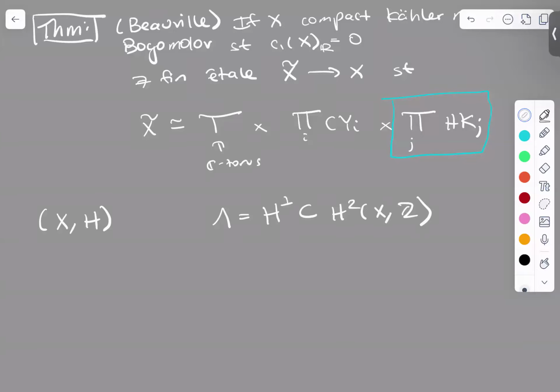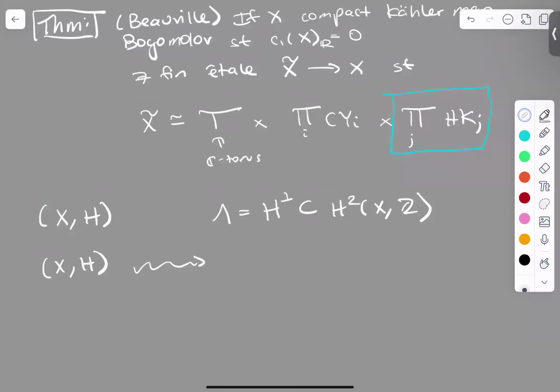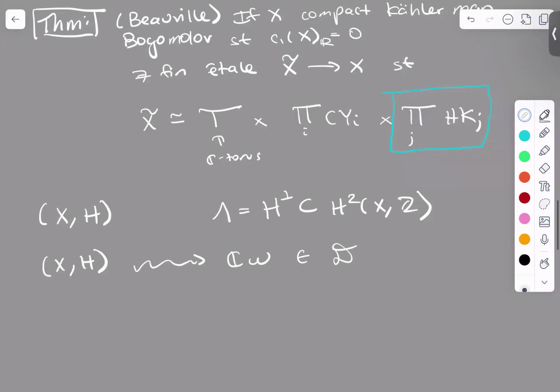And then the association of the pair X comma H to the span of this non-degenerate class lands in this same D that I wrote at the outset. And just as before, I get an injection. So this is again called the Torelli map, and it is again injective.